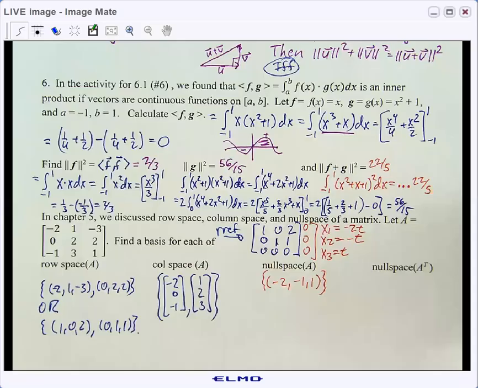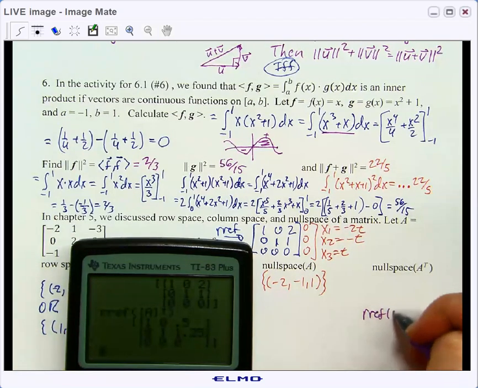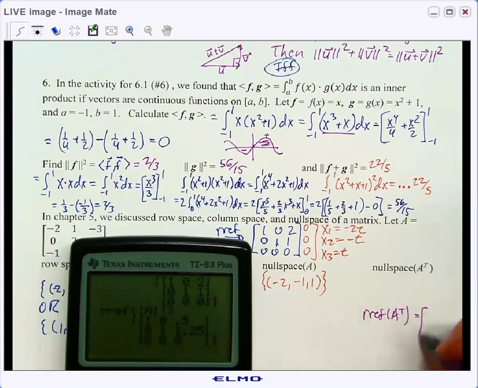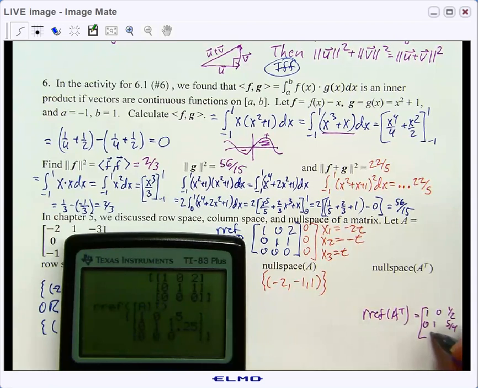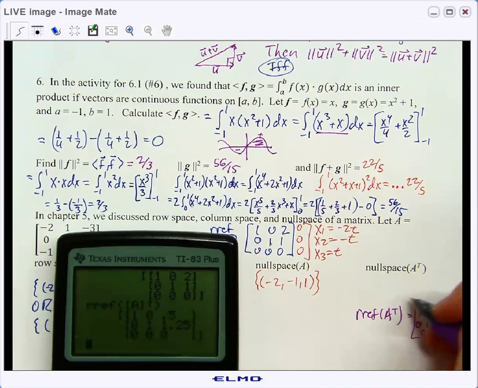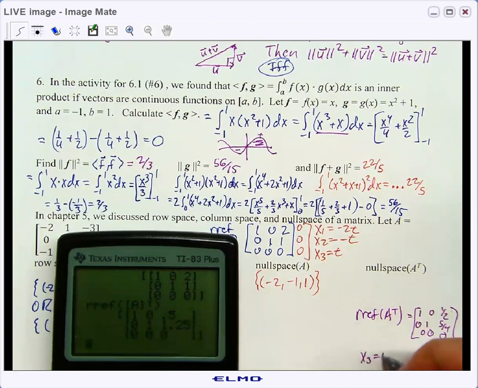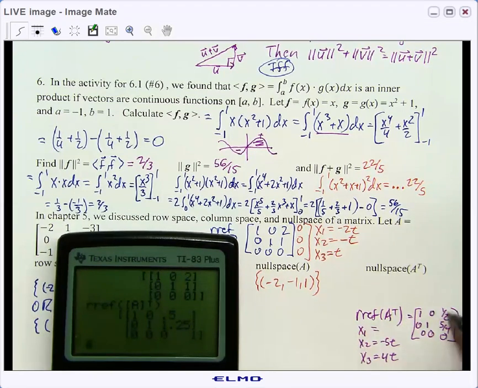Okay. So if I RREF matrix A transpose, I get the following: 1, 0, 1/2, 0, 1, 5/4, 0, 0, 0, which if I then augment by the 0 vector to find the null space, and I let x sub 3 be, how about 4t, then x sub 2 will be negative 5t, and x sub 1 will be negative a half of 4t, so that would be negative 2t.